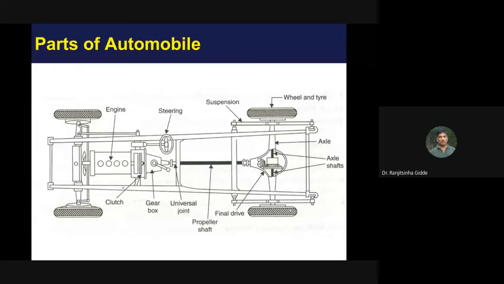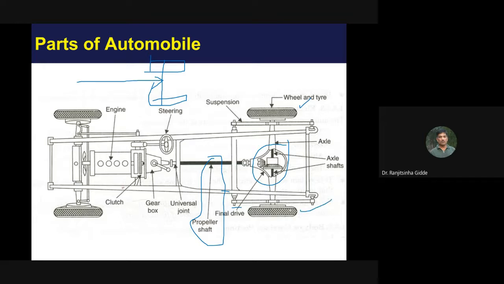Then after the propeller shaft, there is this we have seen. After that, final drive. So this is required to transfer power at 90 degree. So this is the flow, and we want to rotate wheels on the rear axle, this one and this one.